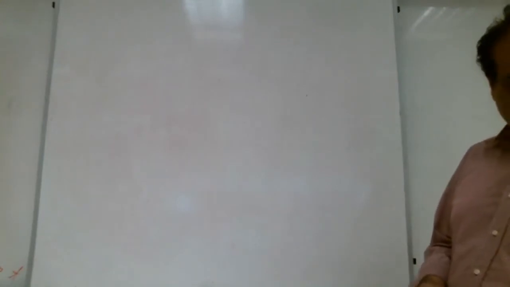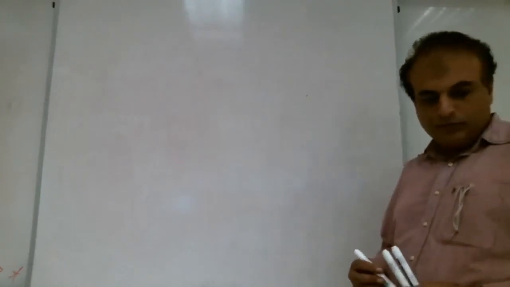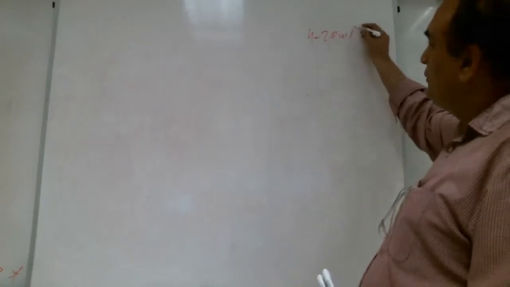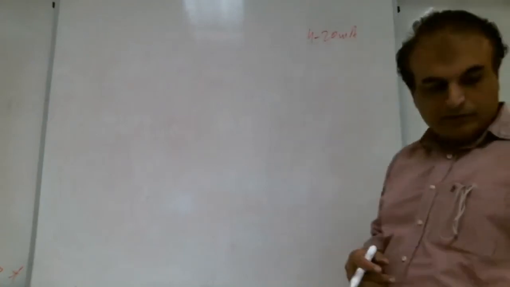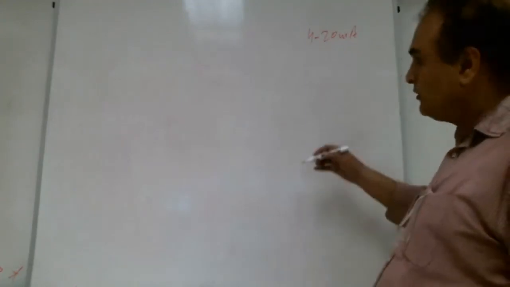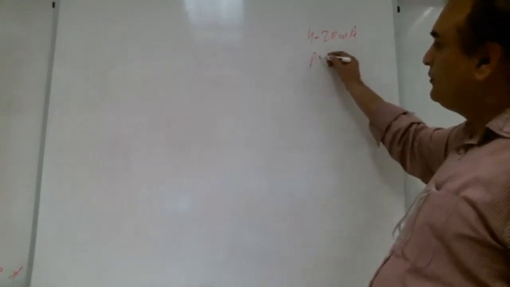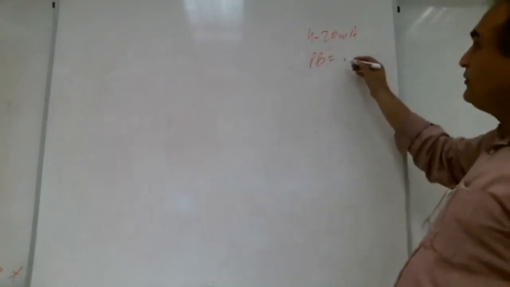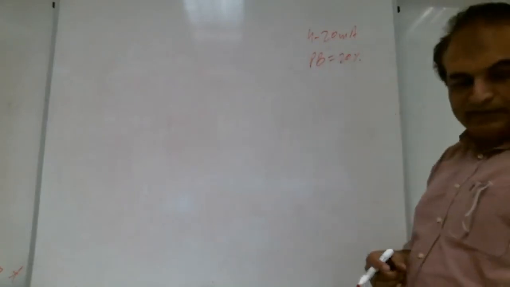In a temperature control application, the output from the controller is 4 to 20 milliampere. The proportional band is 20%.